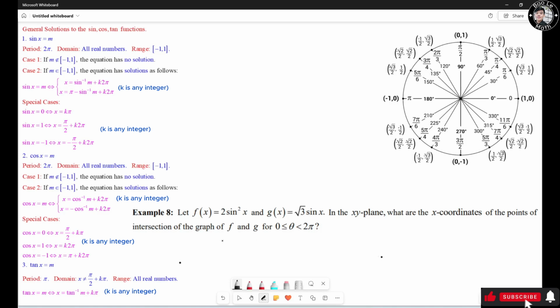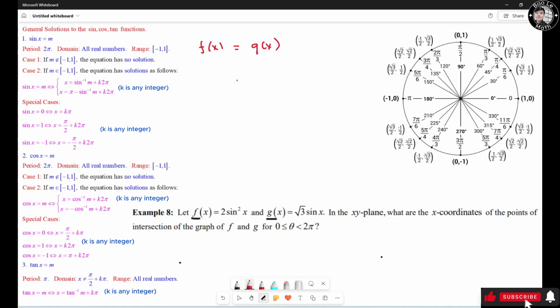Now let's look at example number 8. We need to find the x-coordinates of the points of intersection of the graphs of f and g from 0 to 2 pi. Now in order to find the intersection between f of s and g of s, we need to write f of s equals g of s.